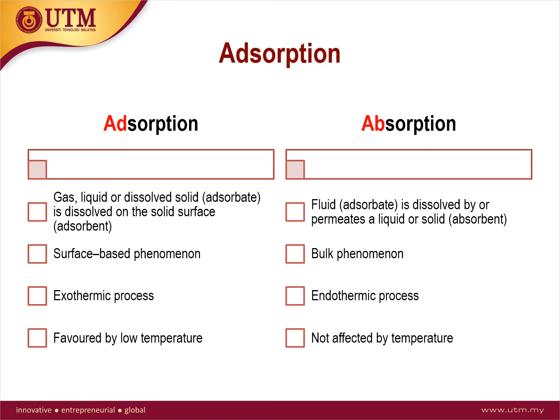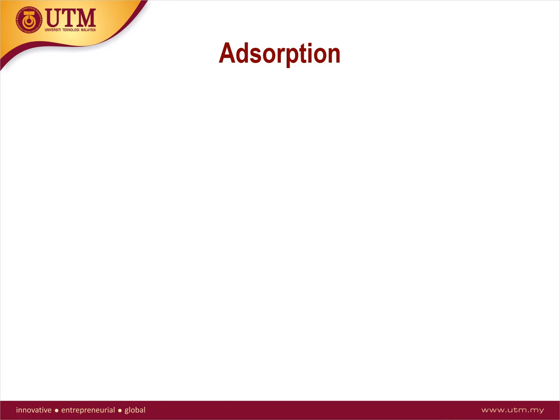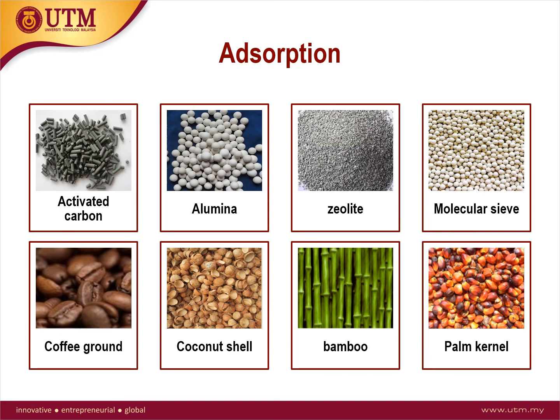That's why it is an endothermic process and it isn't affected by temperature. There are various types of adsorbent that are commercially applied for the adsorption process, such as activated carbon, alumina, zeolite, and molecular sieve.